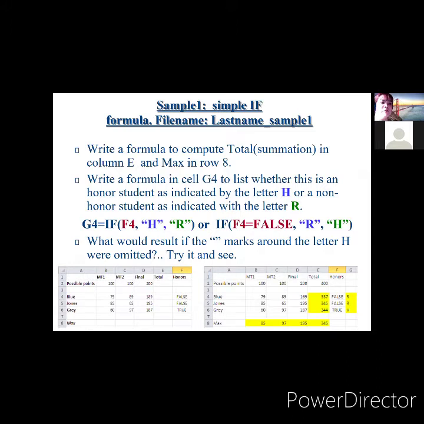Sa column E, ilalagay niyo dyan, particularly sa tabi ni possible points, so E2. Sa E2, lalagyan po ninyo yan ng summation function that will compute B to D. So same with blue to gray.